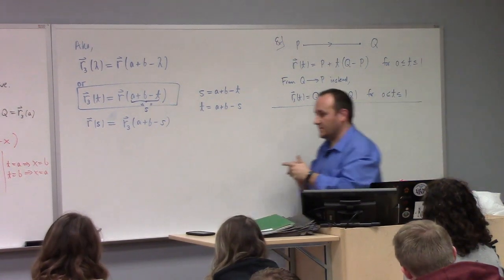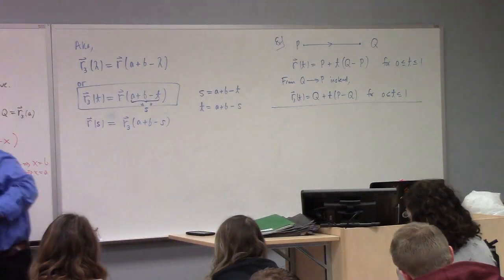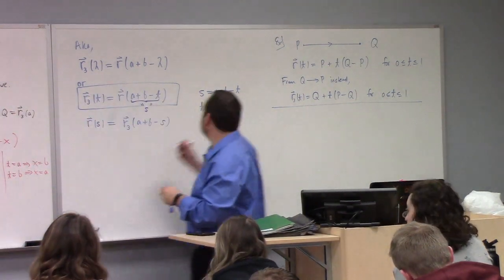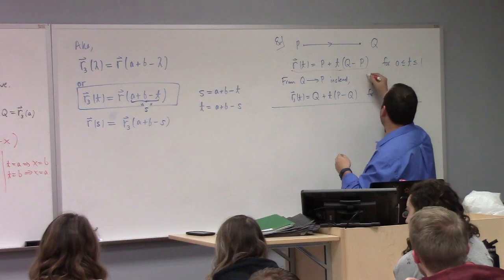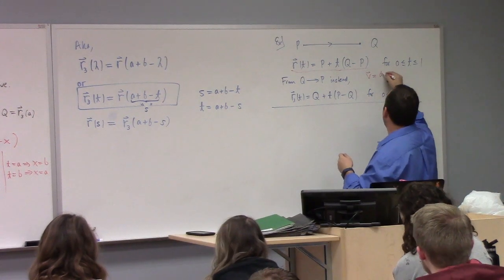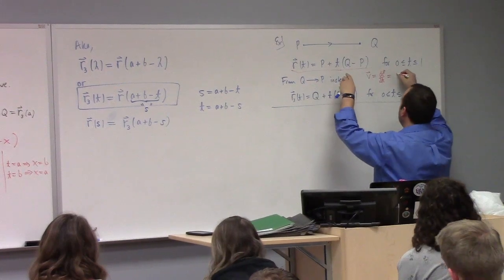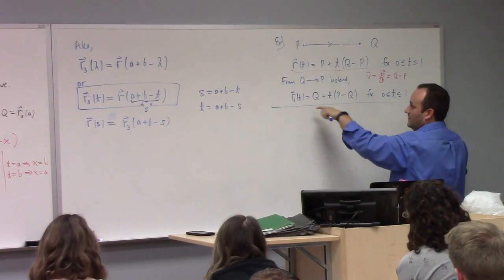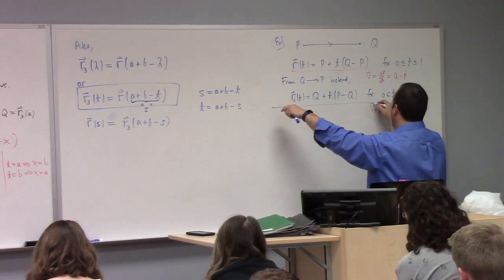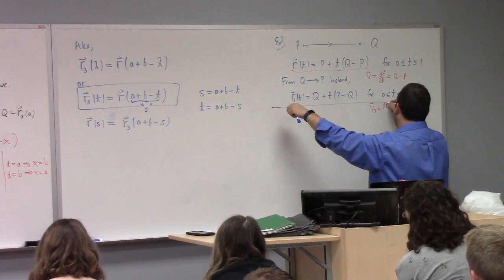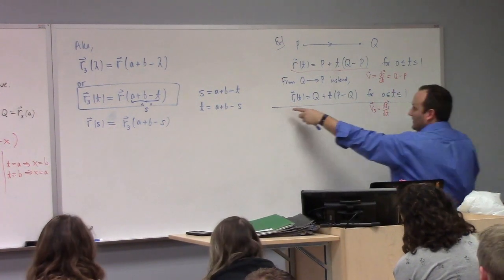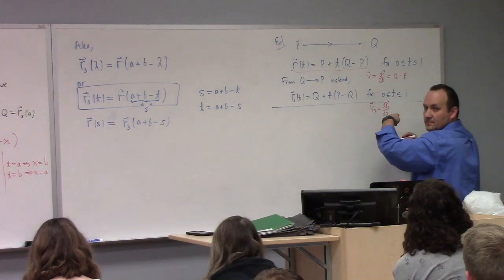Like, what's the velocity for the first one? Let's just call it V. What's dr dt equal to? Differentiate this, you just get Q minus P. Let's call V3 dr3 dt. What do you get when you differentiate this with respect to T? P minus Q.